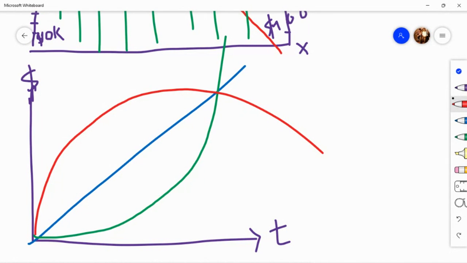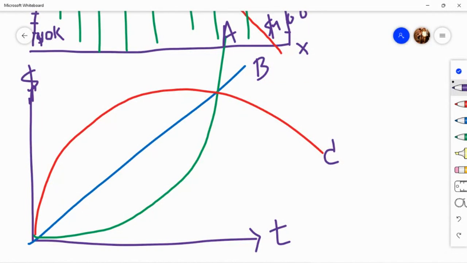So what can you find here? Basically, let's call this growth pattern A, this B, and this C. This growth pattern is constant. It's growing at a constant rate.